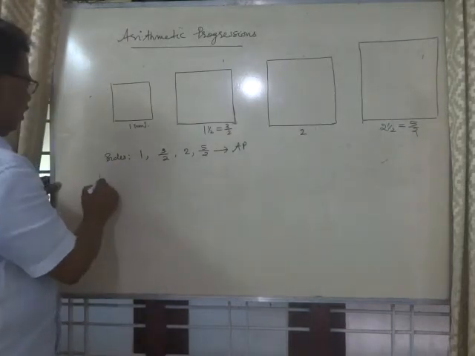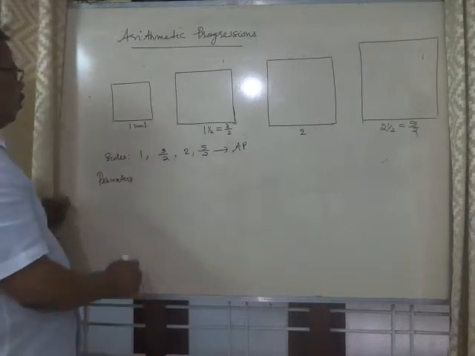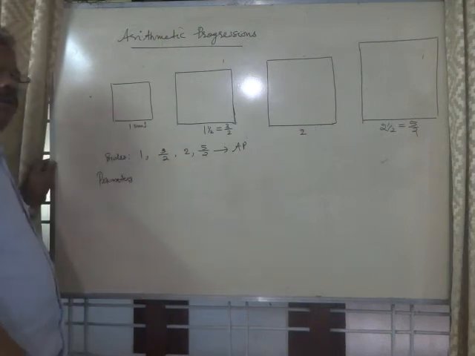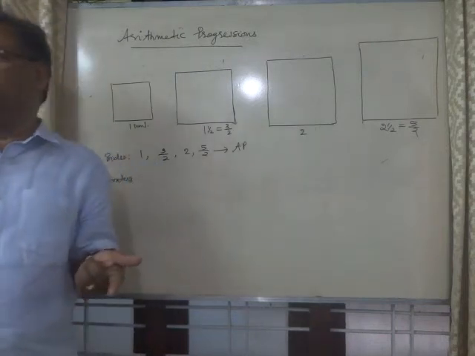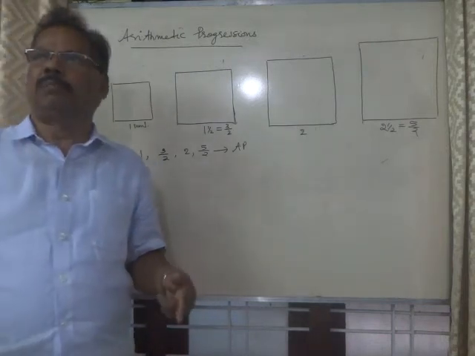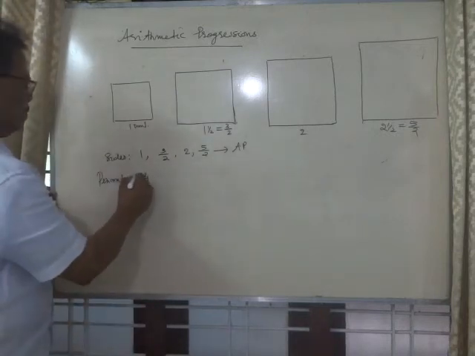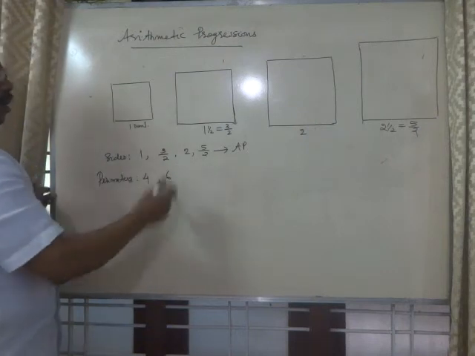Then perimeters. What is the perimeter of the first one? Perimeter of a square is found by multiplying the side by 4. If the side length is multiplied by 4, you will get the perimeter. So here it is 4. Here it is 6, 4 into 1 and a half.